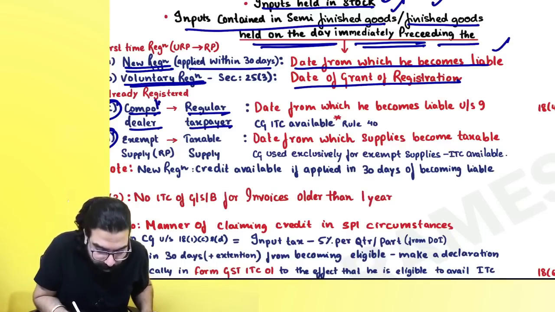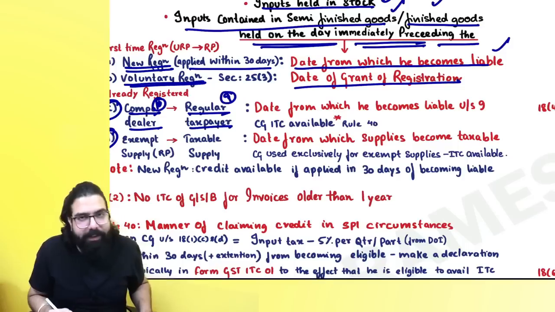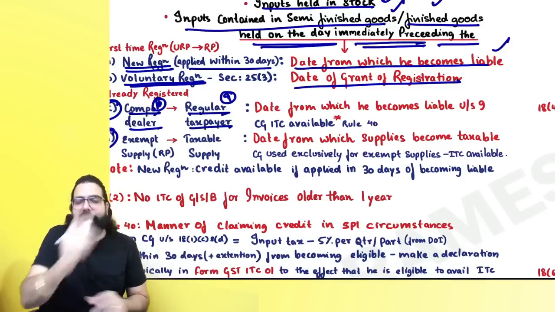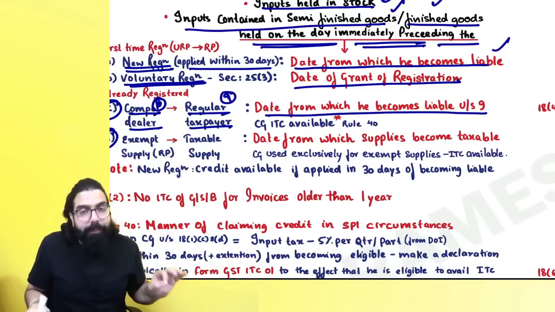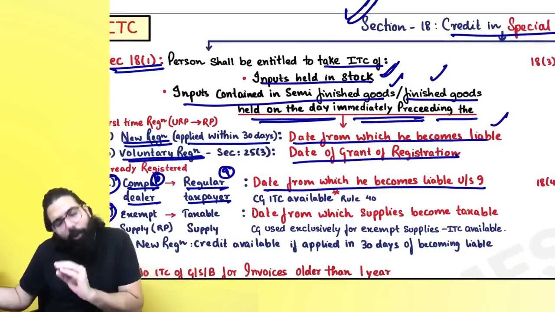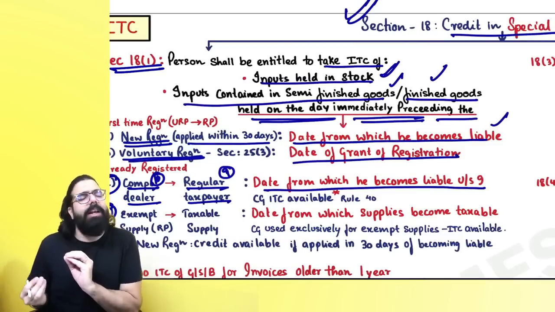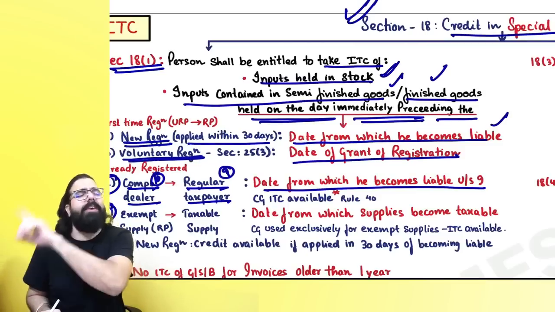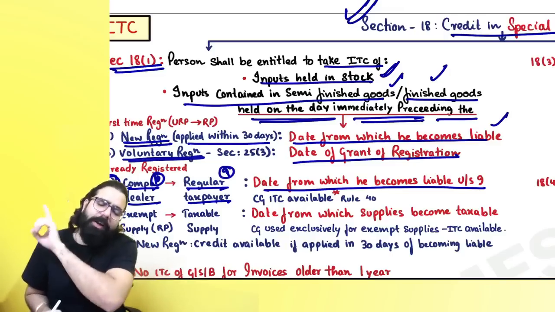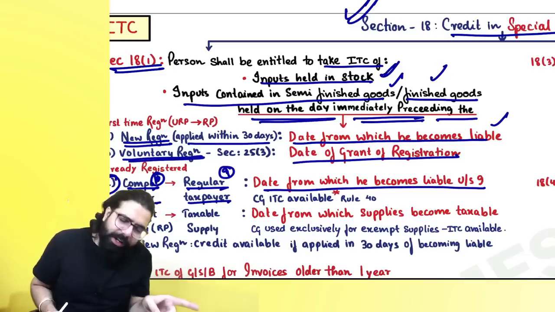Composition tax he was paying under section number 10. Now he is paying tax under section number 9. The day he starts paying tax under section 9, he will be able to take credit on inputs lying in stock, in semi-finished goods, and in finished goods. On those inputs, whatever tax was paid, he can take the full credit now.